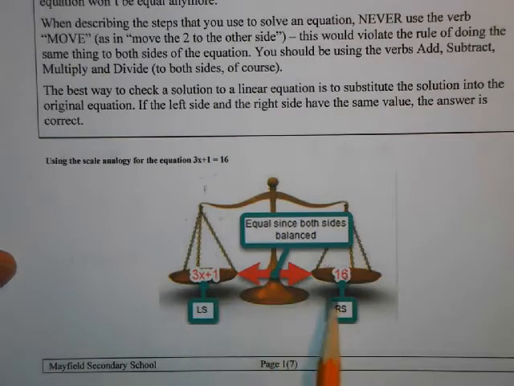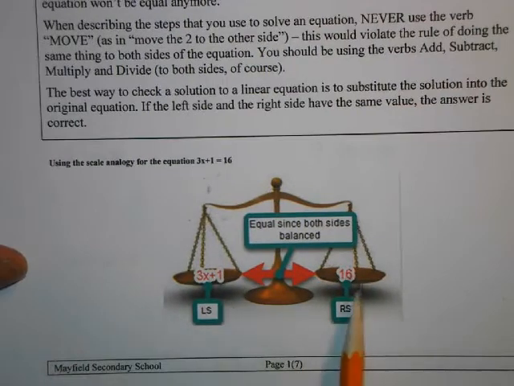So I can do a number of things. In terms of math, I can add something to both sides. I could add 4 to both sides, still balanced. I can take away 10, still balanced. I can multiply both sides. For example, multiply both sides by 2, it's like doubling. Okay, and if I do that to both sides, it's still balanced. Or I could divide both sides by 3, and basically it's still going to be balanced.